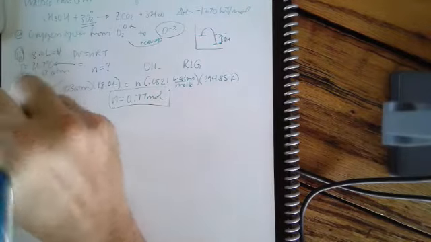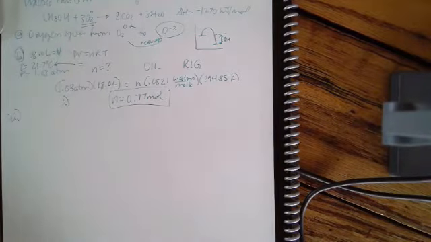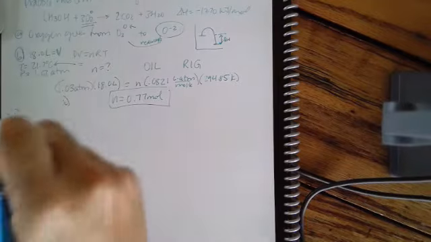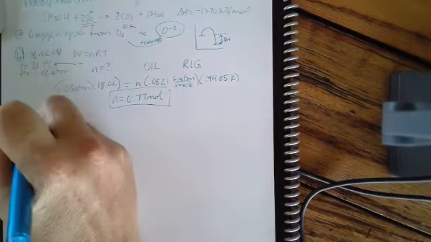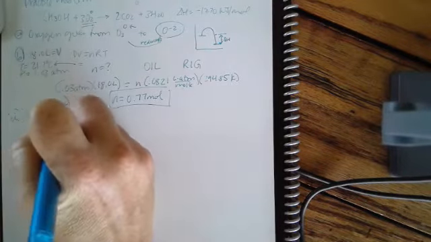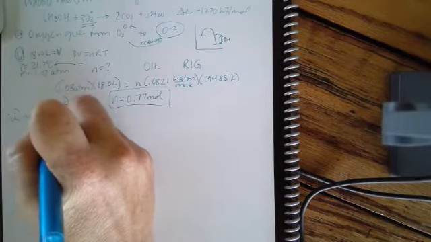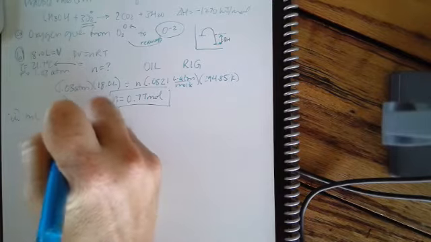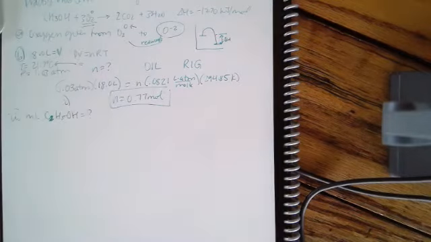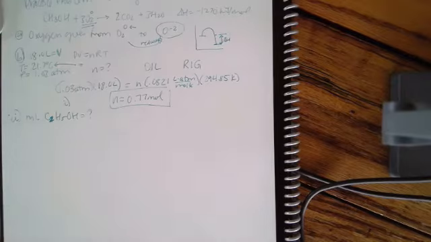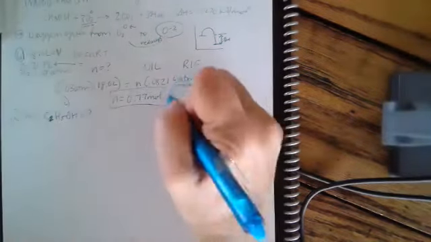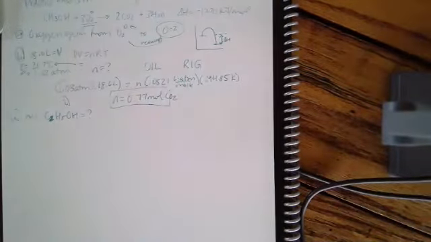All right, so let's try it on the second part, little double i. It says, what is the volume of ethanol, C2H5OH, in milliliters? It's a weird question. What volume was combusted to produce that much CO2, those moles of CO2?